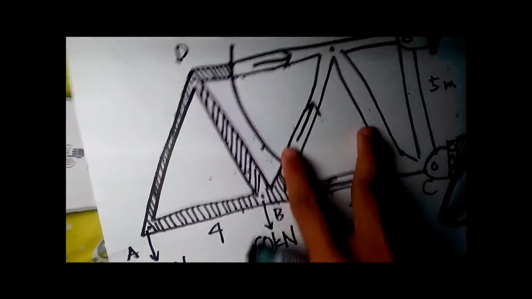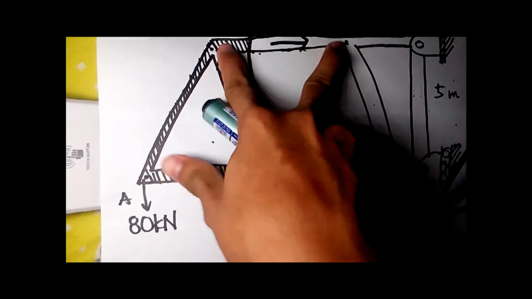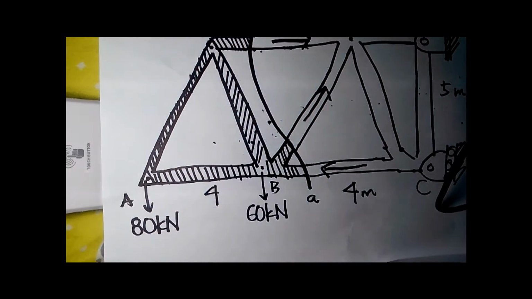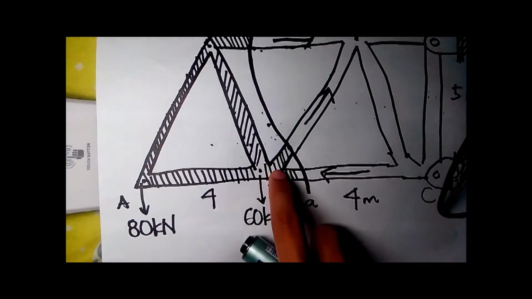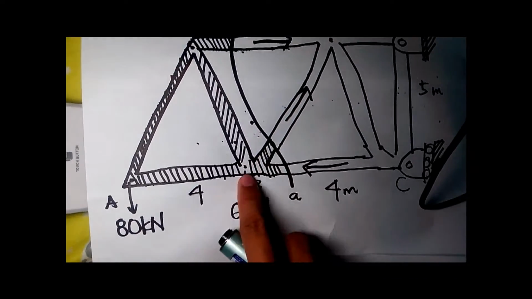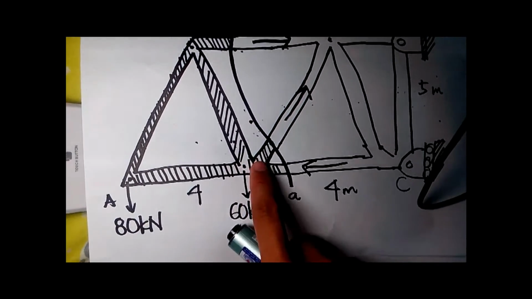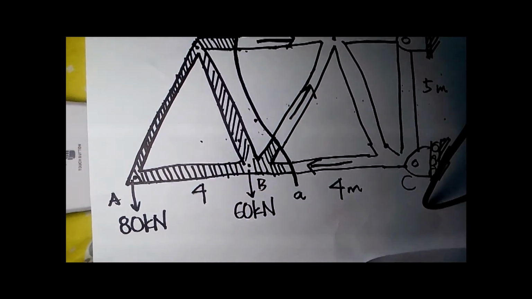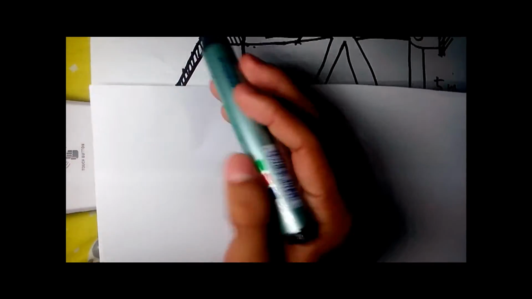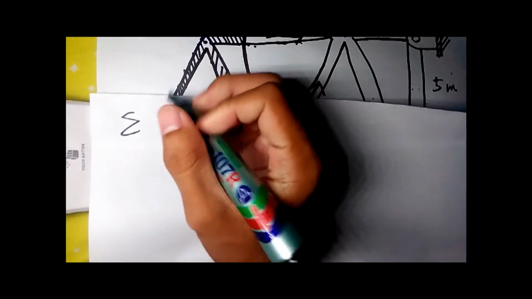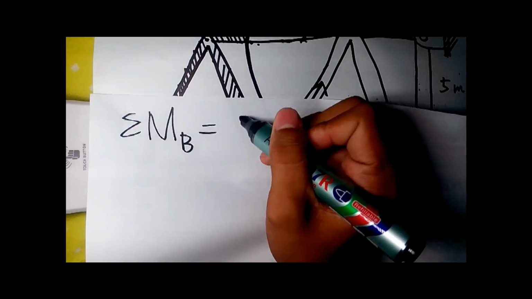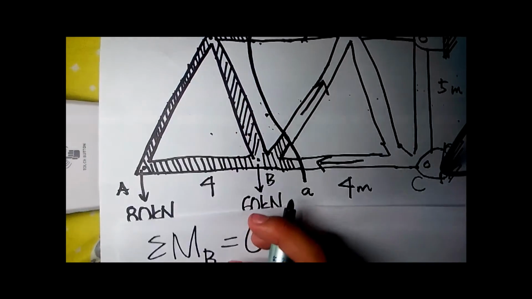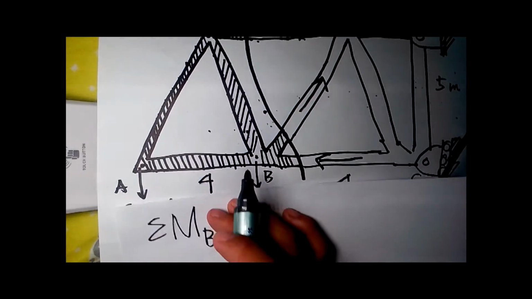So to find the force in DE, we will get the moment in point D. So the summation of the moment in B is equal to 0 since it is in equilibrium.